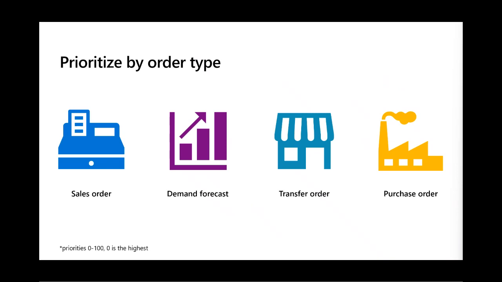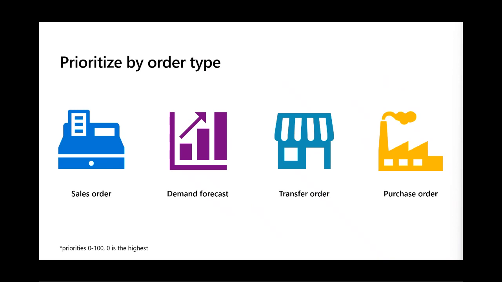For example, I may decide that I want to prioritize sales orders over demand forecast, and I can assign my sales orders a default priority of 5 and my demand forecast a default priority of 60, for example. Purchase orders can also be assigned a planning priority so that both internal and external vendors can be advised of our order priorities.